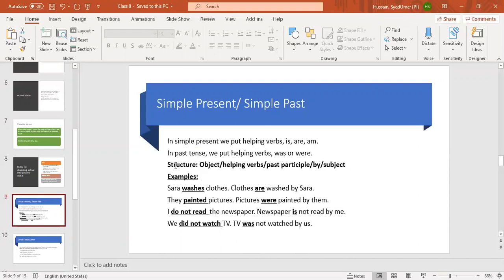And this is the formula for the passive voice, not for the active voice. This is the formula for the passive voice of simple present or simple past: object, then the helping verb, then the past participle, then by, and then subject. Please note it down, then I will explain the examples to you.